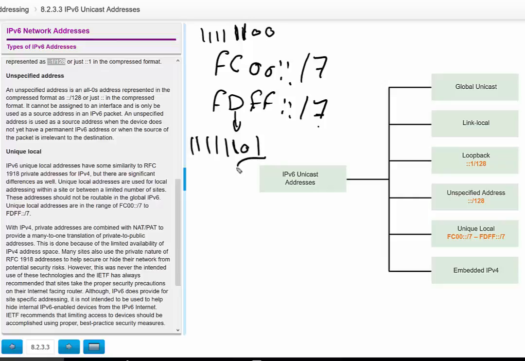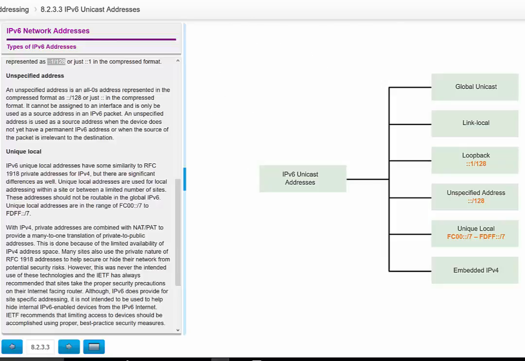So anything that starts with this or this will be assigned as a unique local IP address version 6, which again is used to represent sort of a private IP address.